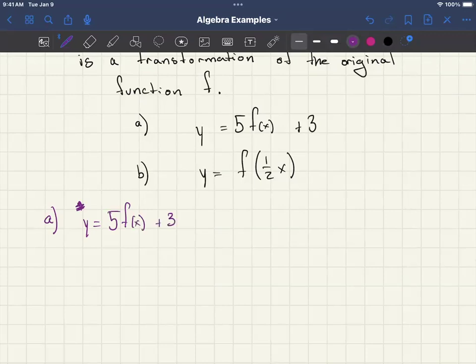Okay, so there are two things that are going on in this particular graph right here. We have the 5 times our f of x, and then we have the plus 3 on the outside. When we have a plus 3 on the outside, this is a vertical shift.